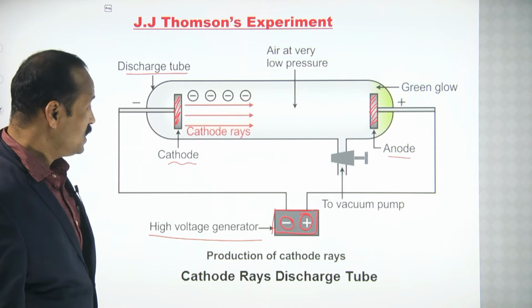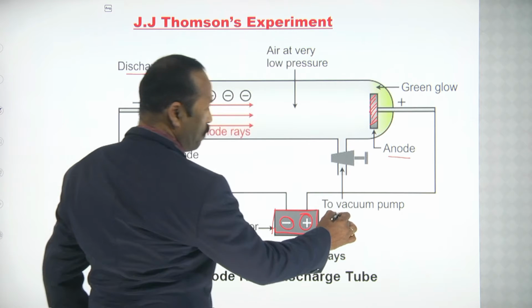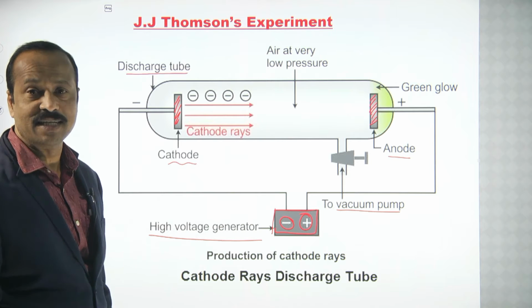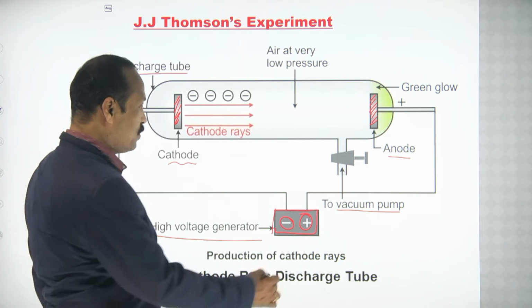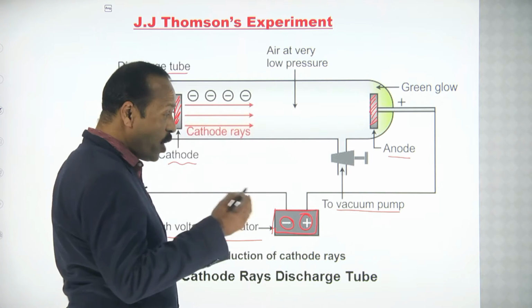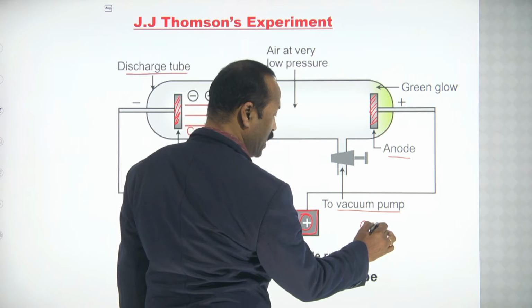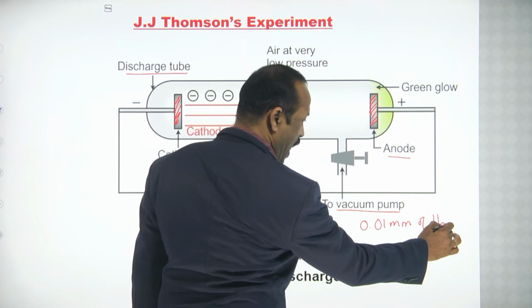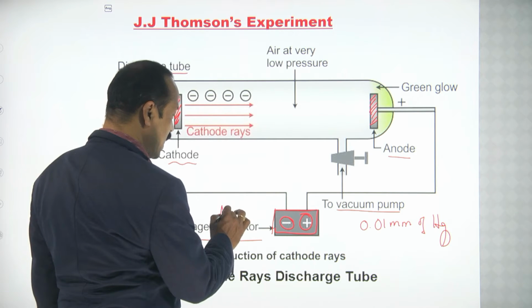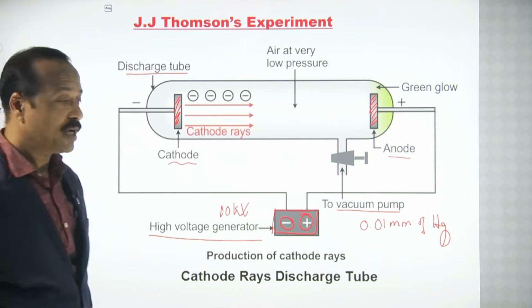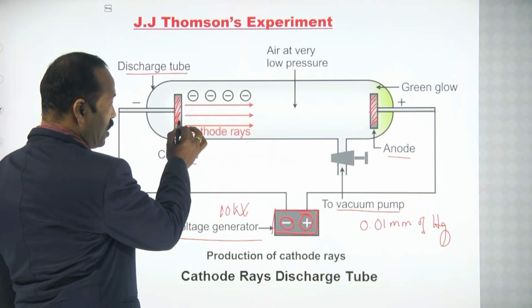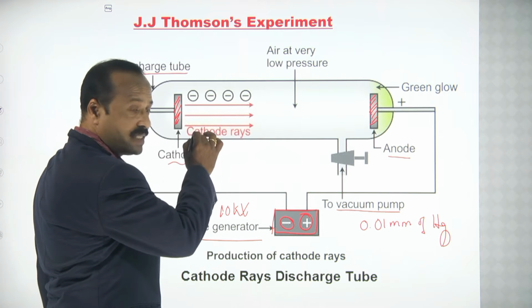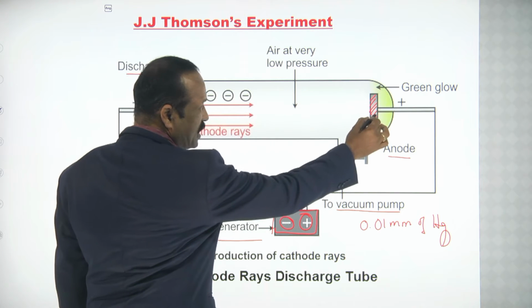Inside, a vacuum pump is operated, by which the pressure inside the gas is reduced, and at the same time the voltage is increased. When the pressure is approximately 0.01 mm of mercury and the voltage is about 10 kilovolts, it was observed that some rays originate from the cathode and start moving towards the anode.